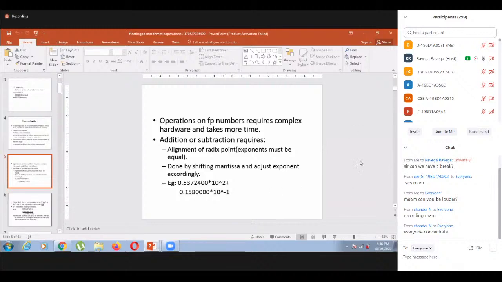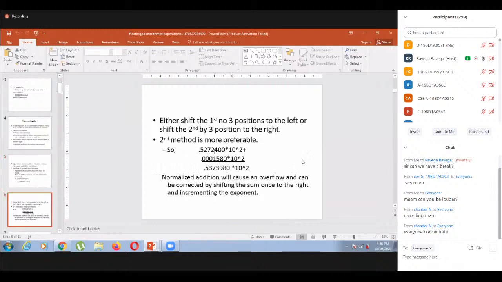So coming to the second number, the first is 3 positions to the left and the second is 3 positions to the right. So for the second option, you perform the shifting operation on the first number. The 3 most significant digits are lost.